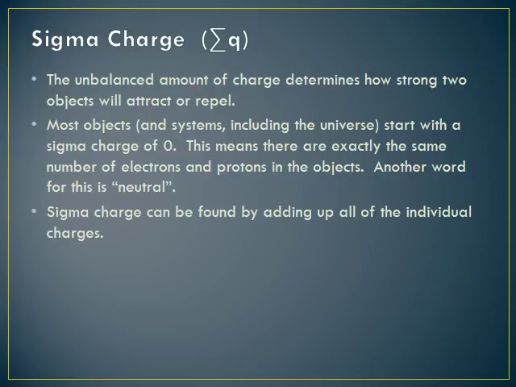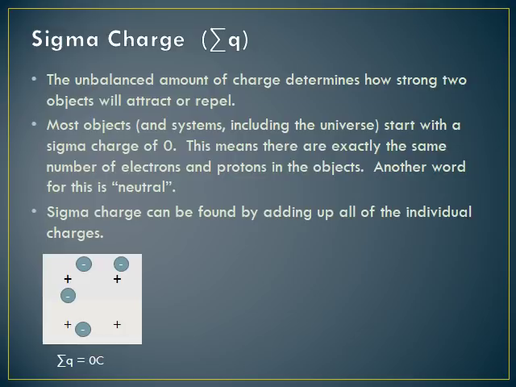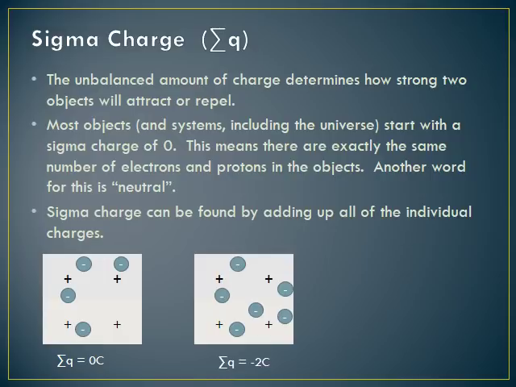It's easy to find the sigma charge in an object. All you have to do is add up all of the individual charges. So if I look at this object here that has 4 protons and 4 electrons, sigma charge is going to be 0 coulombs because they're all canceled out by their opposite charges. This object here has 4 protons and 6 electrons.